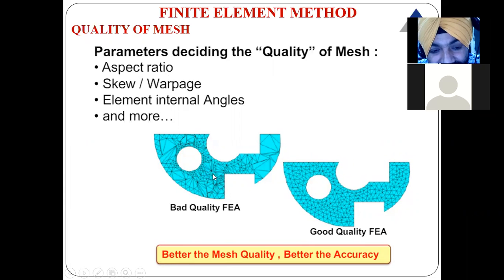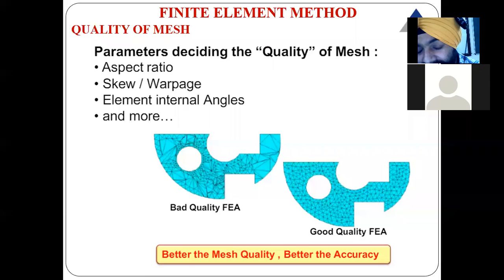The left diagram is divided into small mesh, but it is considered a bad FEM mesh. But the mesh generated on the right hand side, almost of equal shape and very equally distributed, is called good quality. And this is called aspect ratio. Aspect ratio is the length to width ratio.